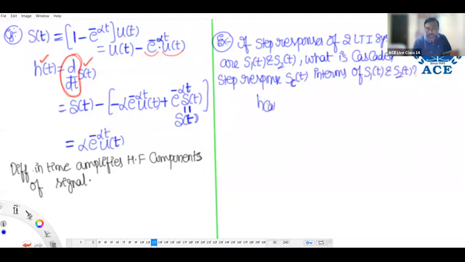Every fellow knows cascaded impulse response means convolution of individual blocks.